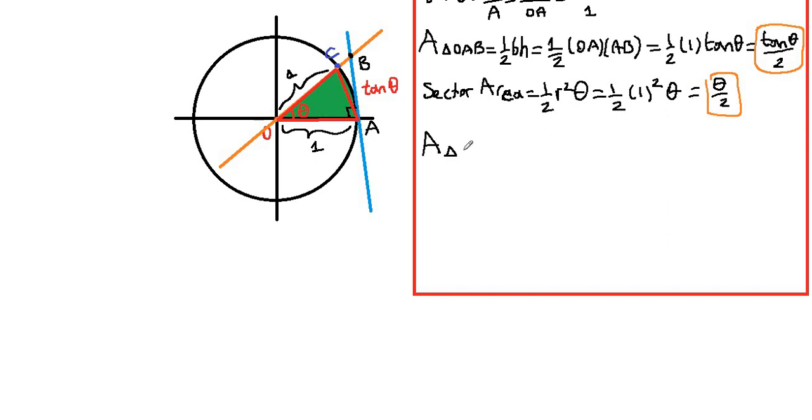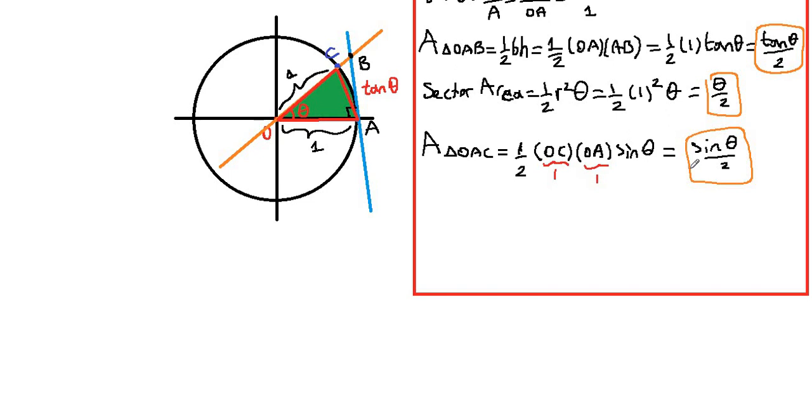The area of this triangle will be given by 1/2 the legs of the angle, which is side OC, side OA, sine theta. This is one of the alternative area formulas for a triangle. From here our OC is 1 because that's the radius. OA is also 1, that's another radius. So it's going to be sine theta over 2.